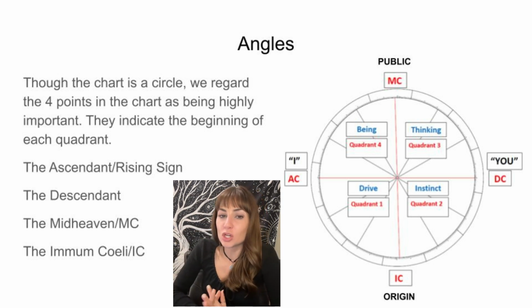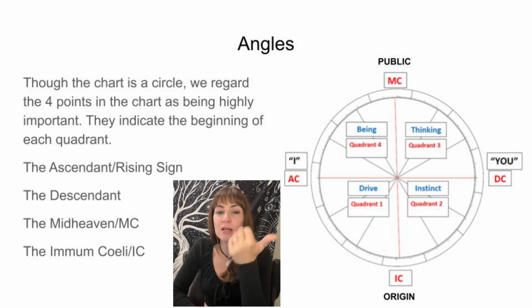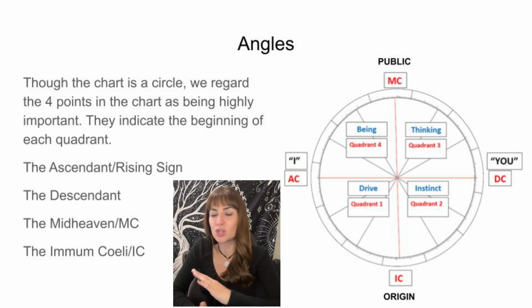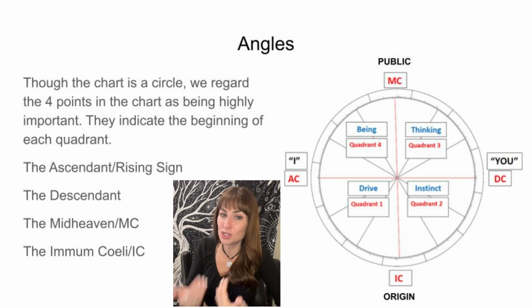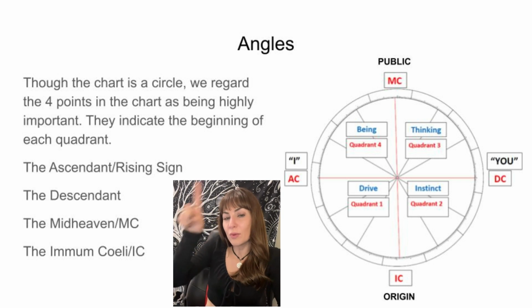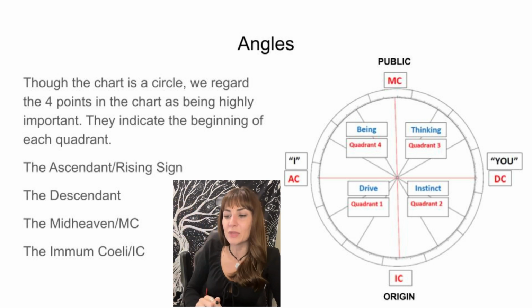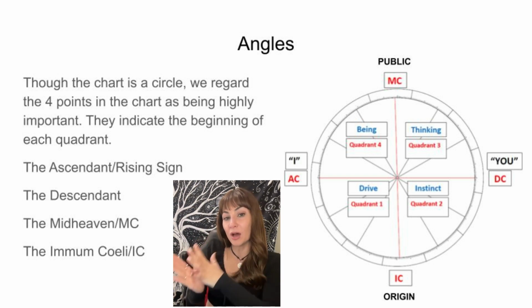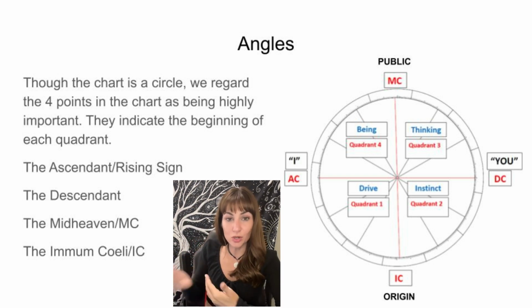Okay, so the first one is the ascendant. And this is why exact birth times are so important, because the ascendant changes signs roughly every 2.5 hours. All the way around, we have 360 degrees, a circle, and each house is 30 degrees.